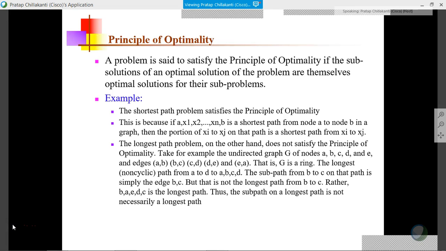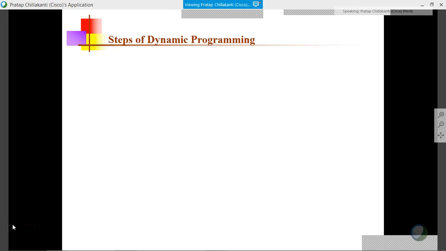In a ring. Instead of going directly from B to C, you can go from the other way. So that's the longest path, right? So he's able to prove that the principle of optimality does not apply in this case. Okay. So only for the shortest path it applies, whereas for the longest path it does not apply.